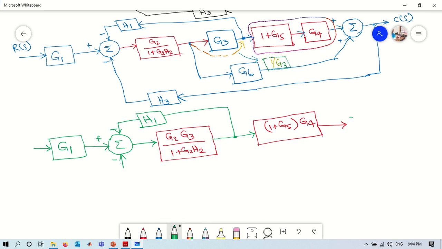So again here I have the summing point plus, and from here I'll be having that branching.